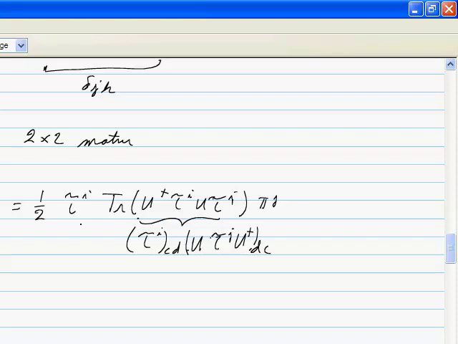I'm going to take the AB matrix element of that and use my identity.